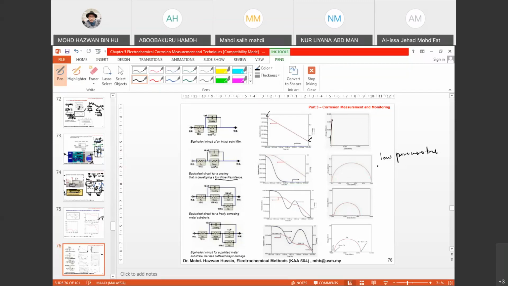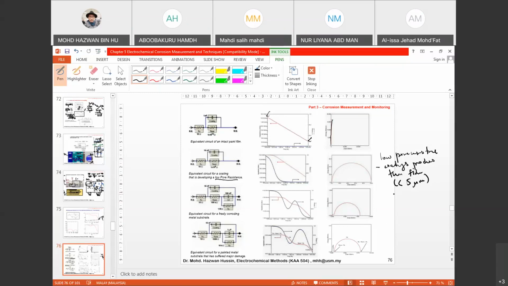Low pore resistance means that the type of coating that you apply produces a very thin film, almost invisible, maybe less than 5 micrometers. This creates a low pore resistance, because it is highly conducting.